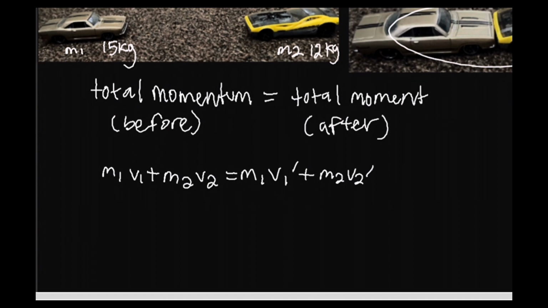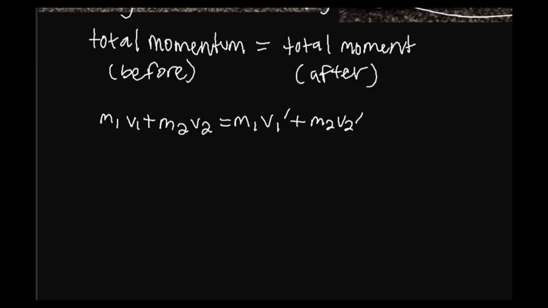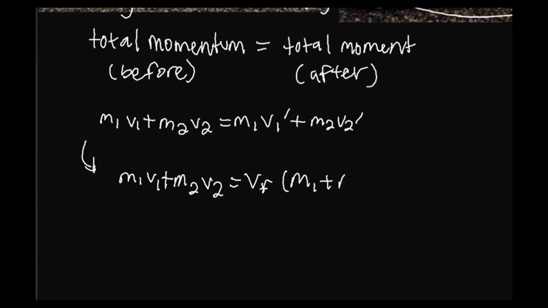Instead, we're looking for their final velocity of both of them, because we already have their initial, so we need their final. So with that said, we can simplify this into another formula, which will be m1v1 plus m2v2 equals our final velocity times (m1 plus m2), because we're looking for both of them, which is why we put it like this.